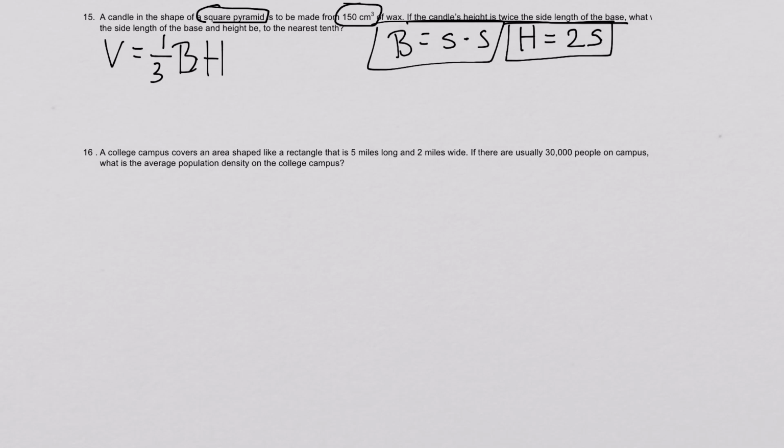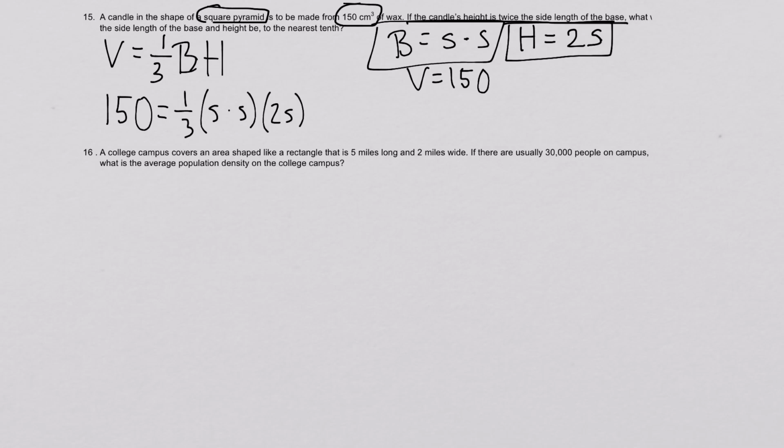And knowing that the total volume is 150, V equals 150. So using that 150 for V, using S times S for B, for area of the base, and using 2S for H, I can solve this.